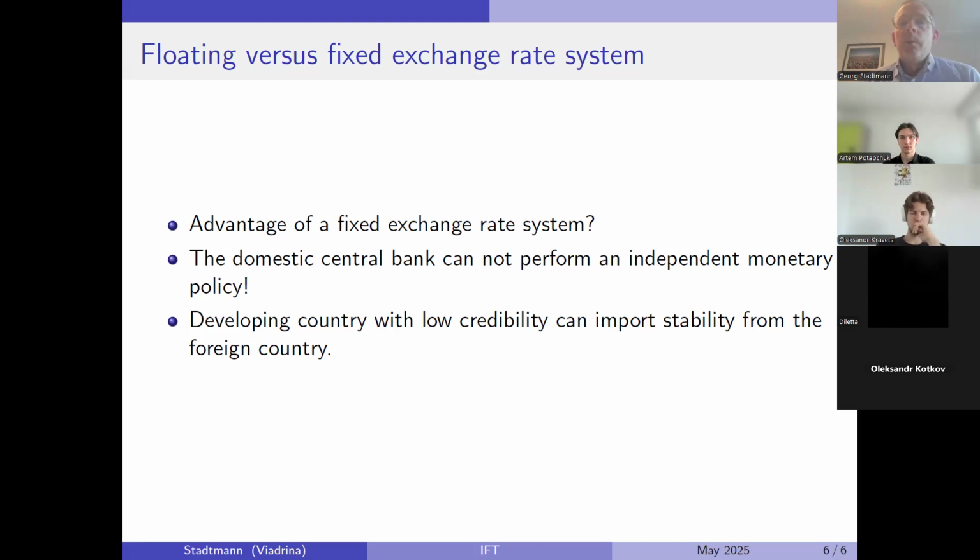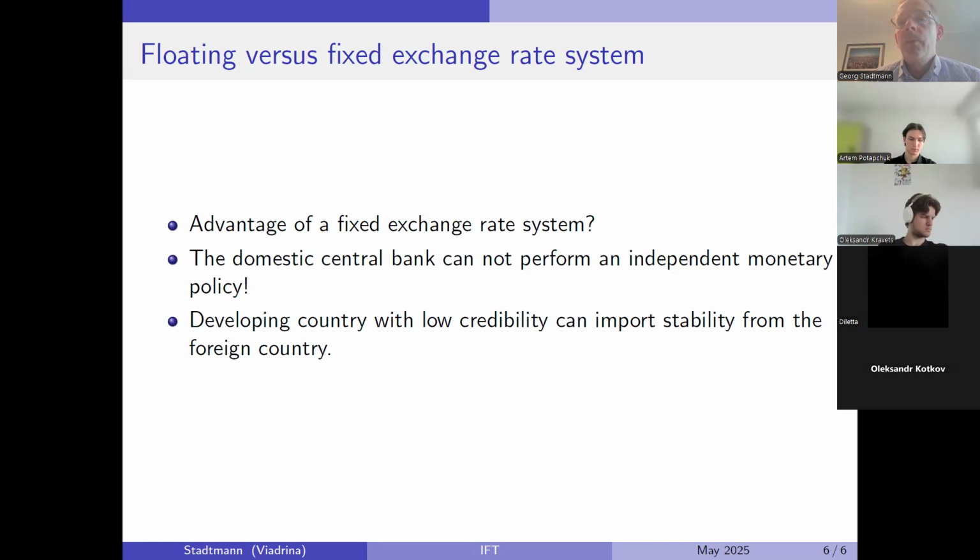But when the developing country is fixing its exchange rate against the US dollar or against the euro, then we can import the inflation rate from Euroland. The inflation target in Euroland is 2%.